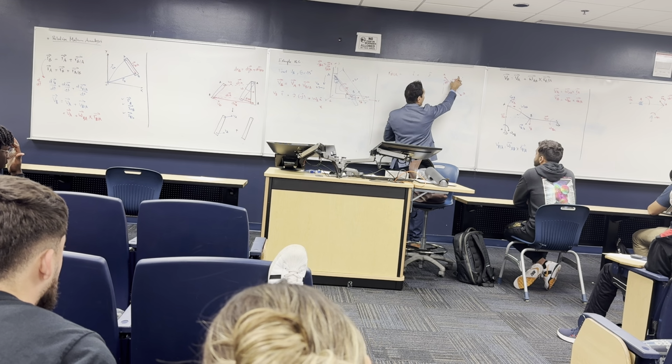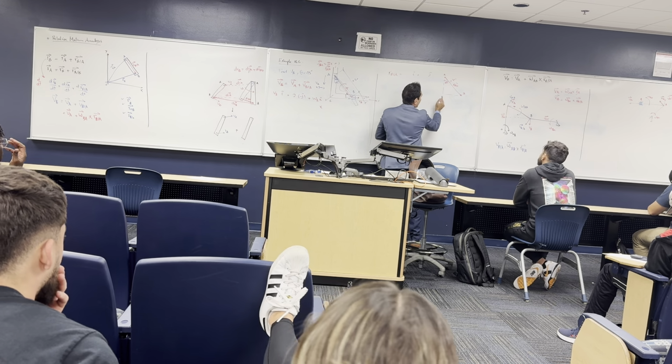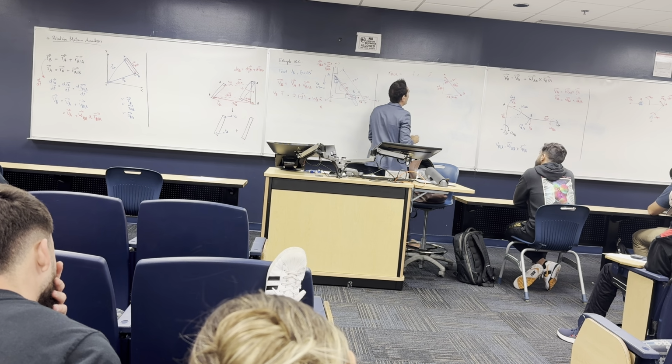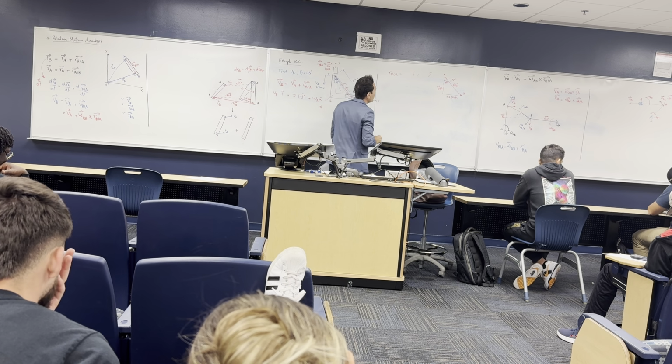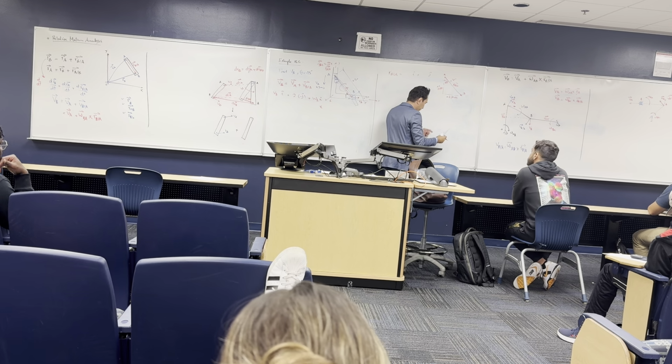You need to analyze the 0.2 component, one in the X direction and one in the Y direction. So this is 0.2 sine 45, and this is also 0.2 sine 45, which gives you 0.2 over root 2.